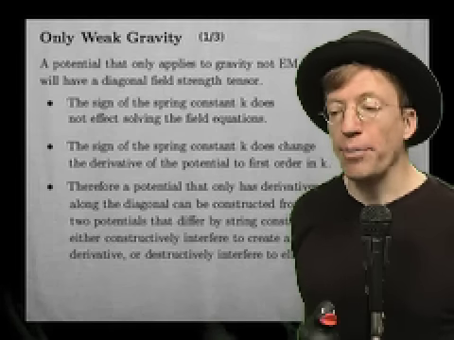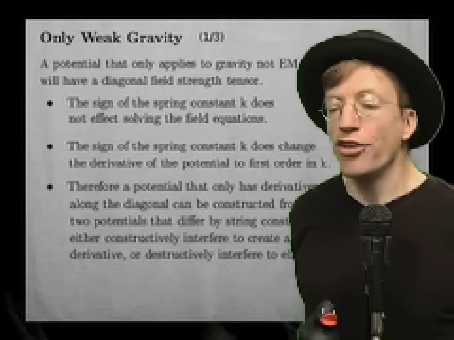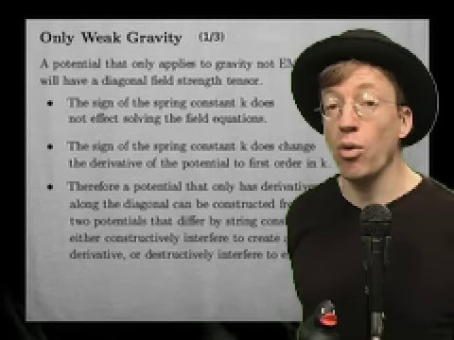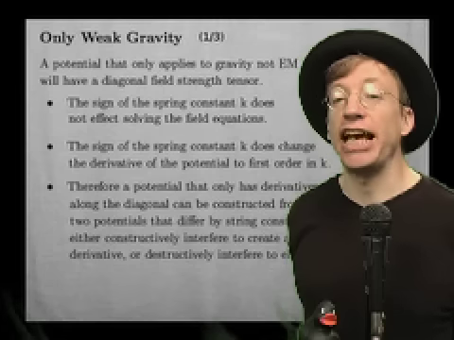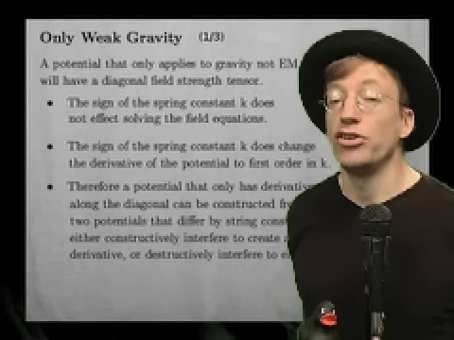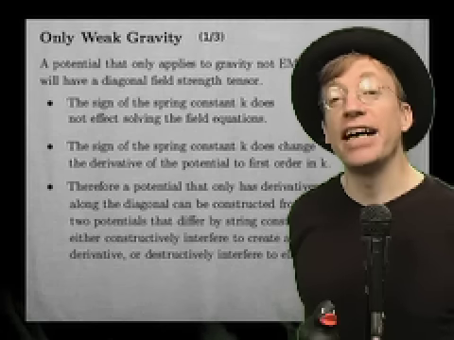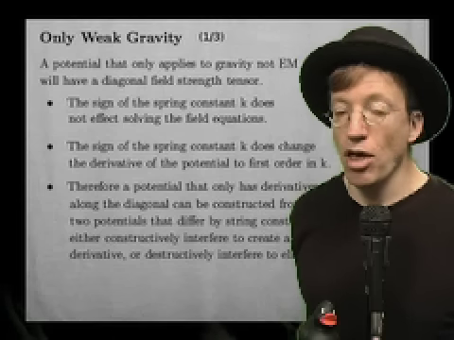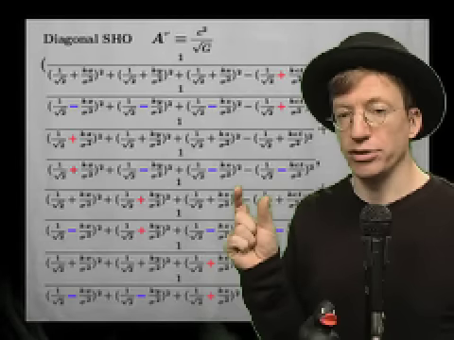Well, we notice a couple of things about this normalized perturbation solution. The first is that that K, that spring constant, could be either plus or minus. If it is plus or minus, it doesn't change the fact that it is a solution to the field equations. However, it does change what the derivative of the potential is. So I play this game where I now have two potentials.